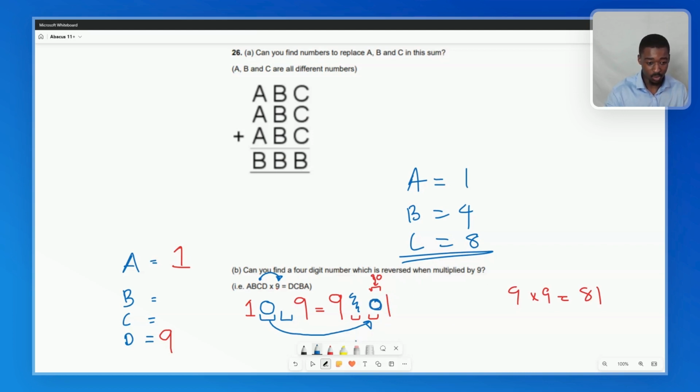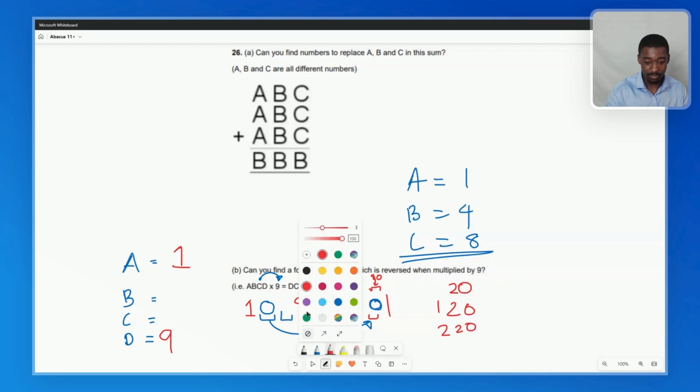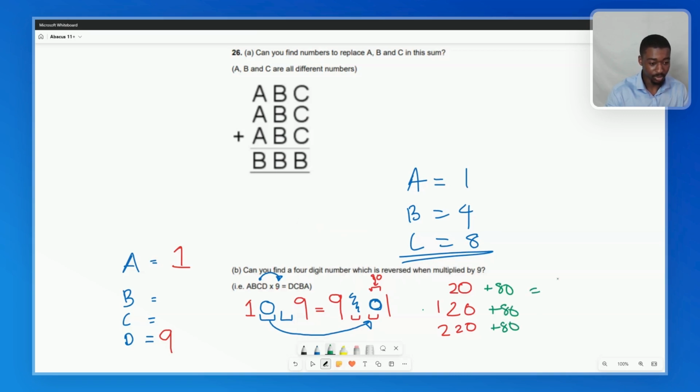And the only way that will work is if we add 20 to 80, or we add 120 to 80, or we add 220 to 80. It's only these numbers that when we add them to 80, will give us numbers that have the 0 we need right here, because we know this has to be 0.